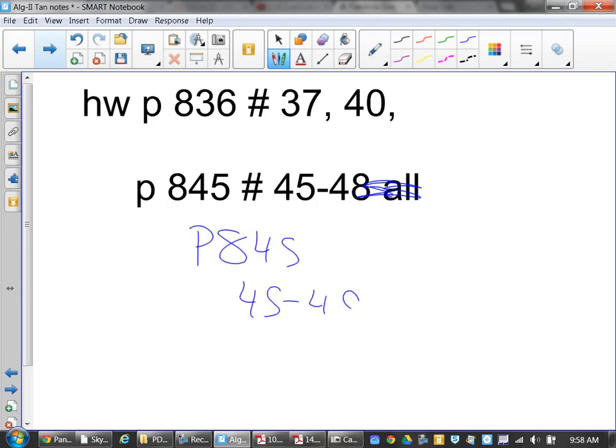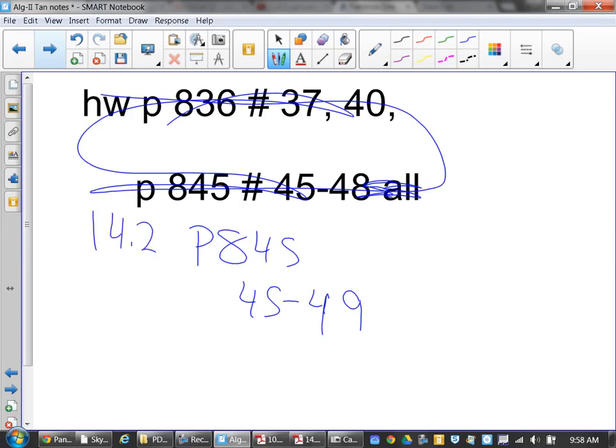One more, I can deal with that. All right, so this is all in 14.2 because with these problems you have to plot a parent function anyway.